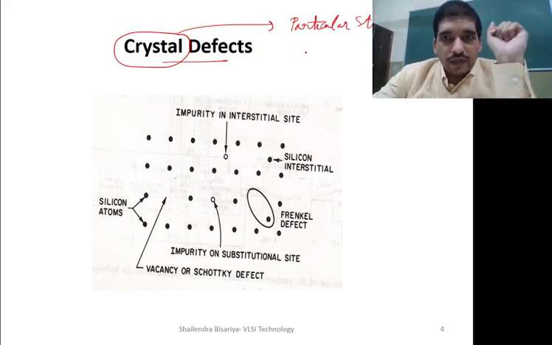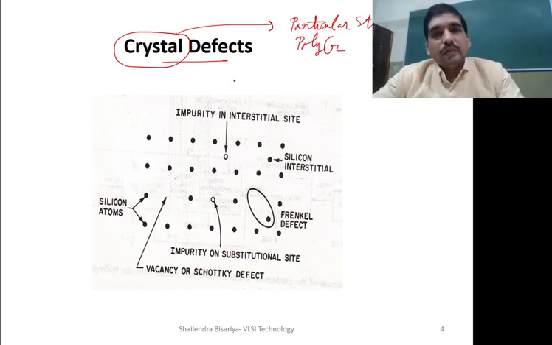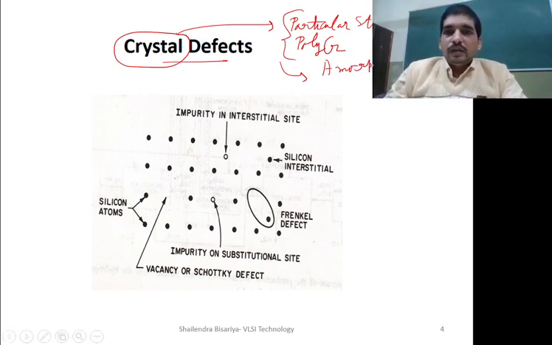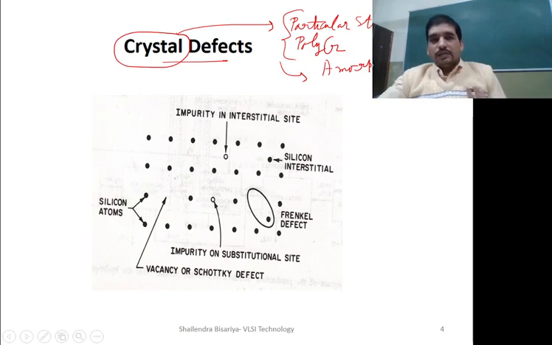While if it is not following a particular structure but a set, and they are repeated, then it becomes polycrystalline or multicrystalline structure, and in neither case, it becomes amorphous. We are interested only in single crystal silicon. Single crystal structure we want.